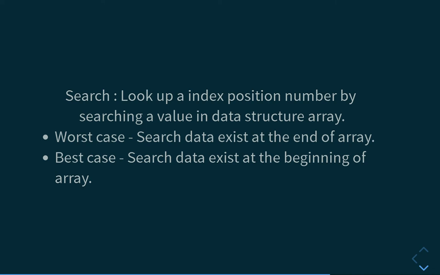And the worst case scenario is we have to search for data in the array, and if that data doesn't exist, then we have to compare all the data inside the array, and it will take big O of n time, and that's why searching by value is very slow in the worst case scenario. Best case scenario, the value exists at the start of the array because it takes only one step, and we can return the index position from there.